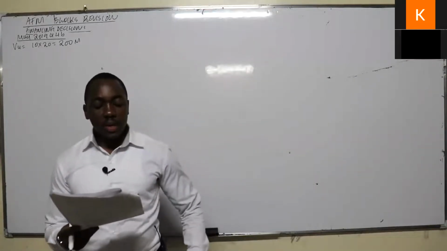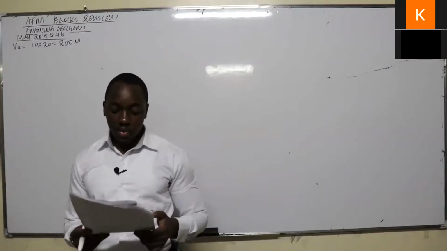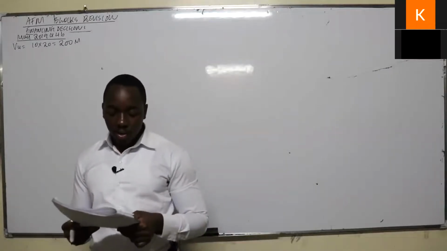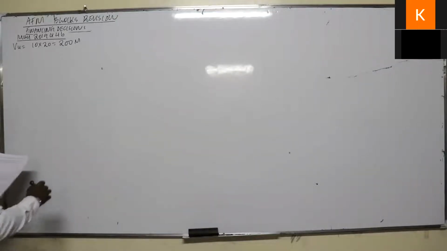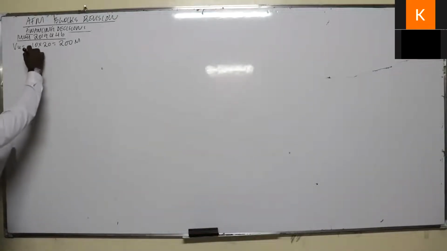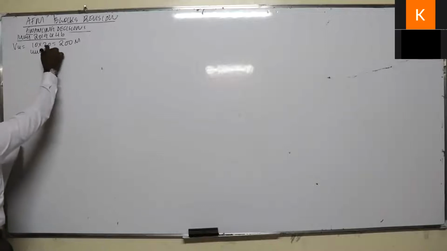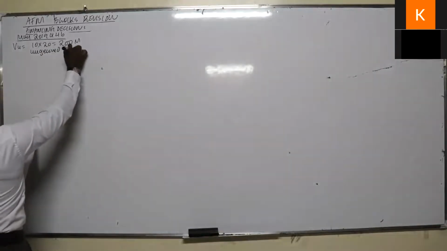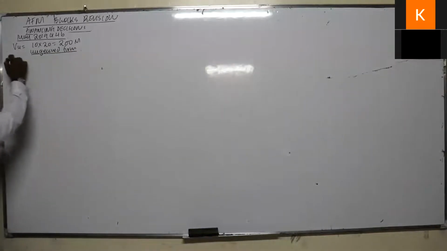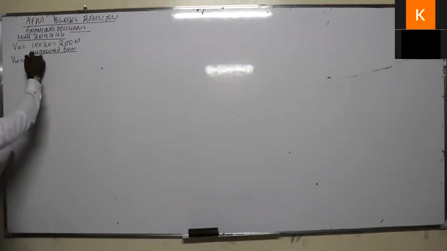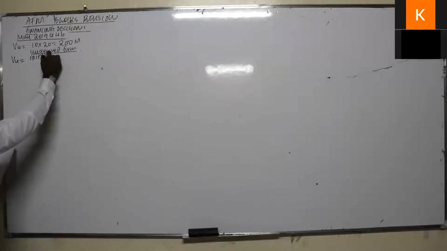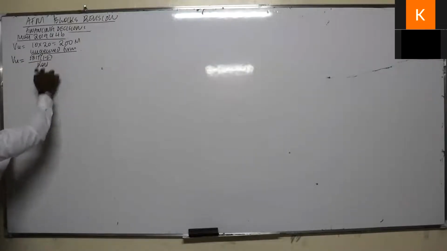Required. Using Modigliani and Miller propositions, determine number 1, the cost of equity before and after the issue of long-term debt. Cost of equity before, so before it's the ungeared state. Ungeared firm. And how do we get the value of an ungeared firm? Using Modigliani and Miller, it's earnings before interest and tax, EBIT, times 1 minus T, over the cost of equity of the ungeared firm.